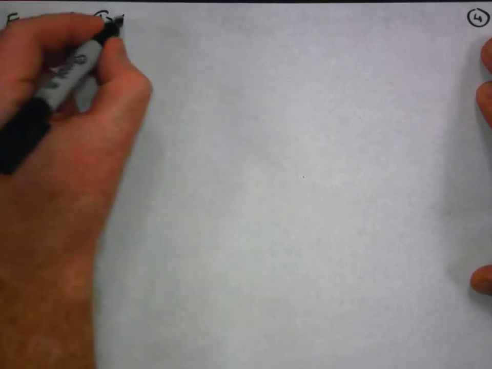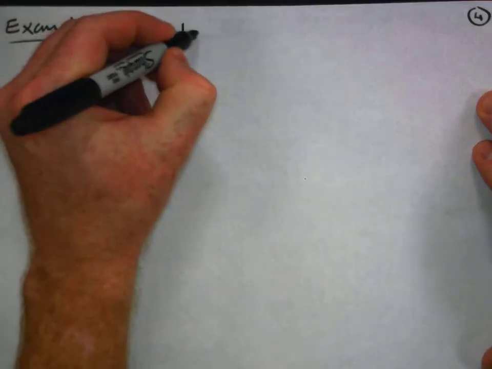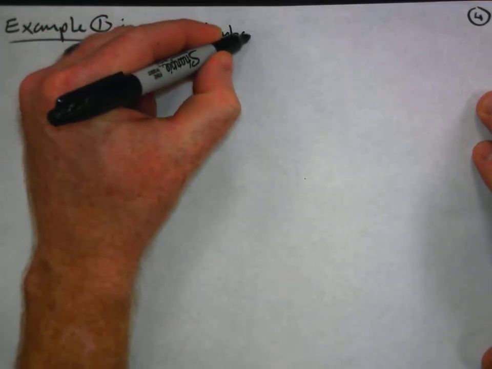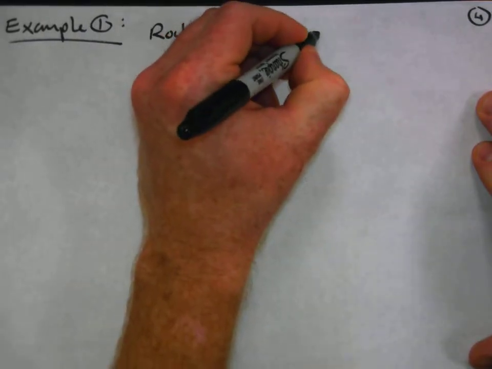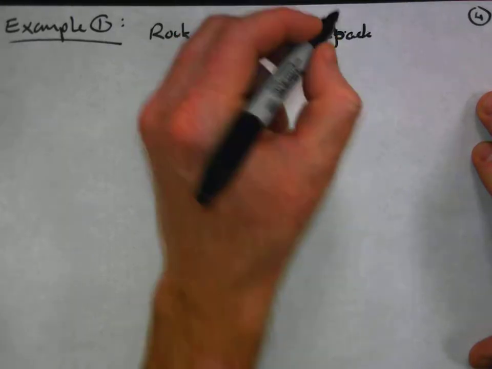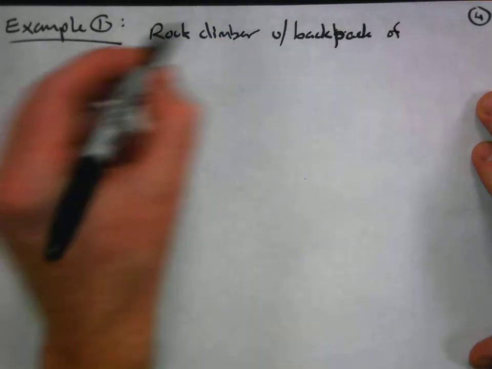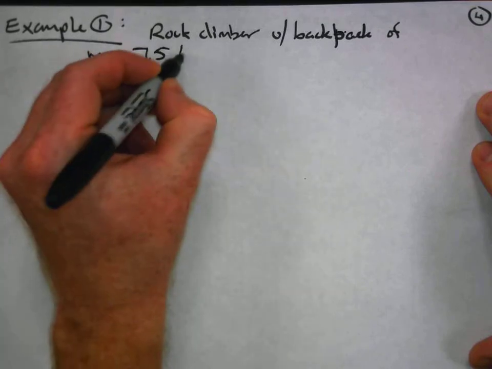Let's look at an example. I'll call it example number 1. Let's say we have a rock climber wearing a backpack. I'll say with backpack. Yep, I can spell. There we go. With a backpack of mass 7.5 kilograms.